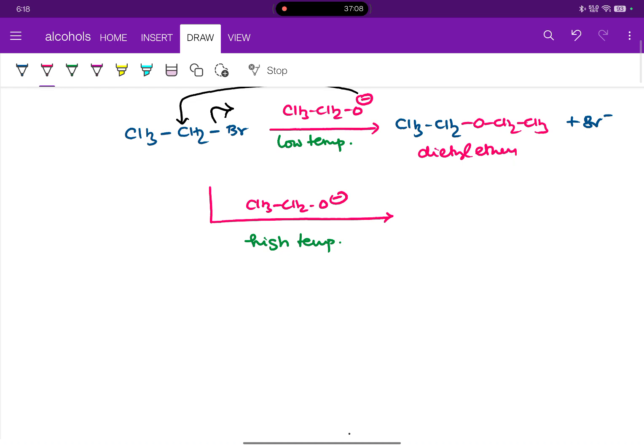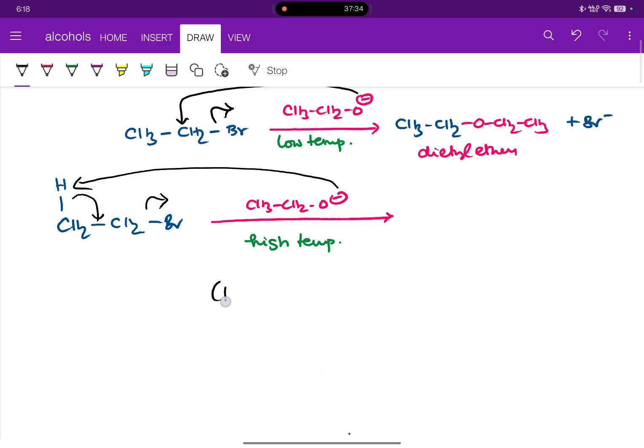At high temperature, it will not target the alpha carbon, it will target the beta proton. Okay, I'll write it separately so that you will not get confused. So it will abstract the proton.